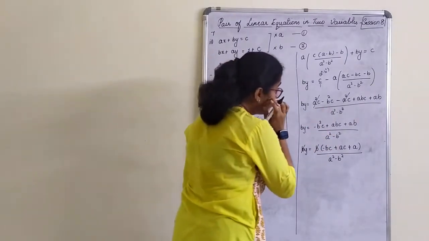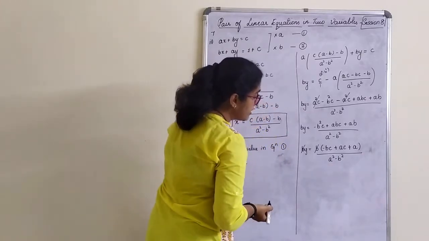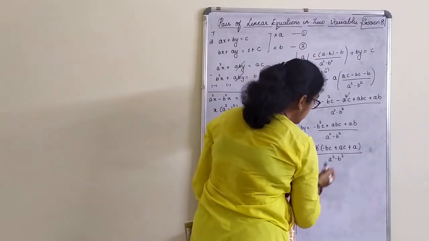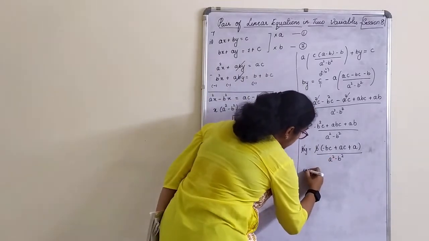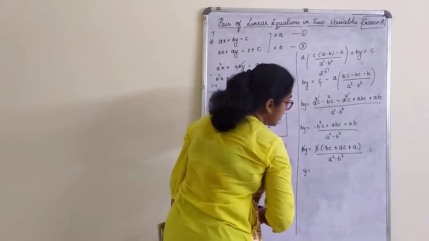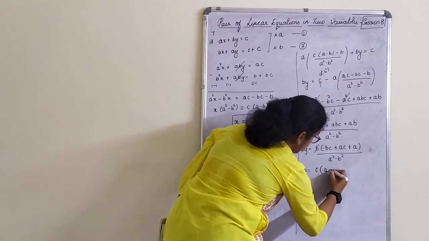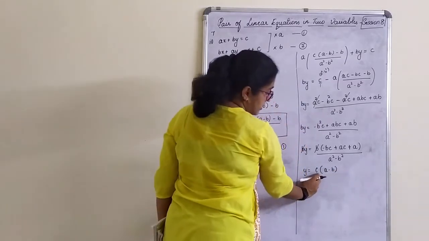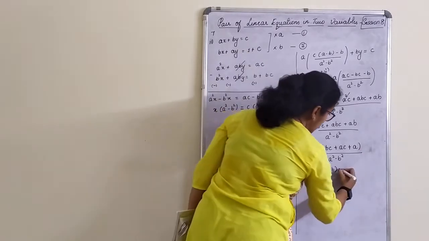Okay. Now the final thing we have to write here is, this is also in the form of a square minus b square. Let me see what I can take common here. Now next, y is equal to, between this what is common? bc and ac. c is common. Can I write this as a minus b? c into a, ac. c into minus b. I got the same thing.